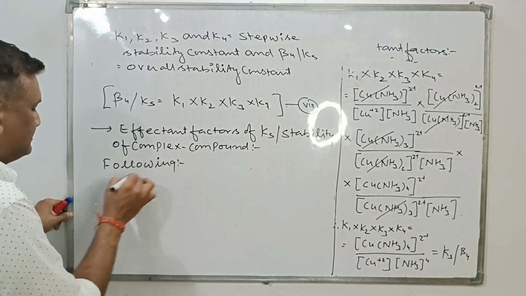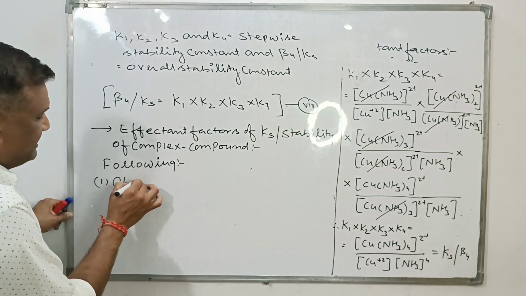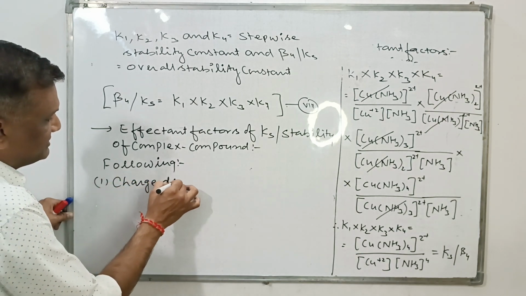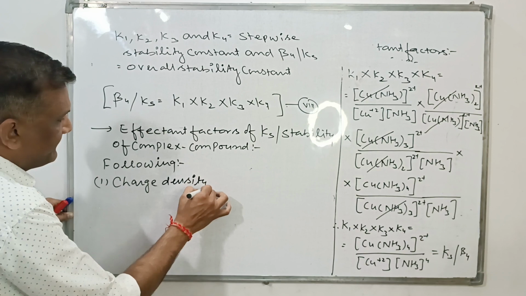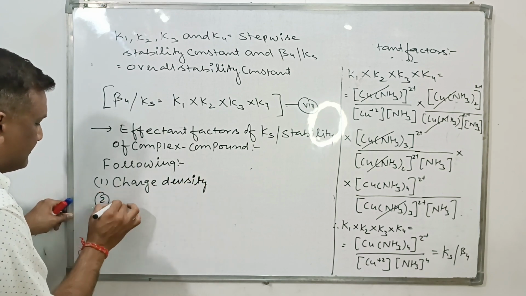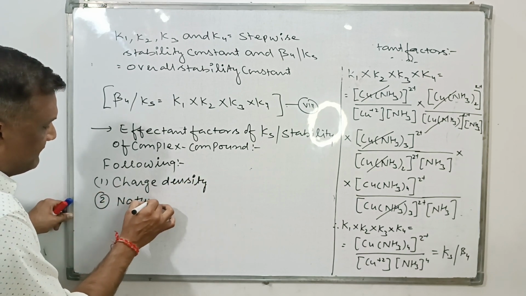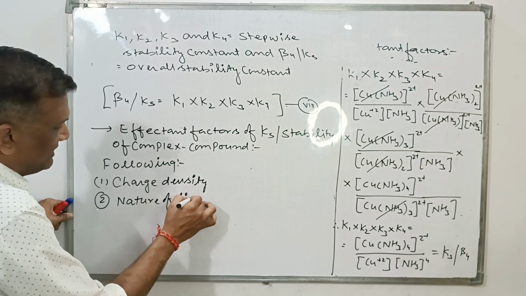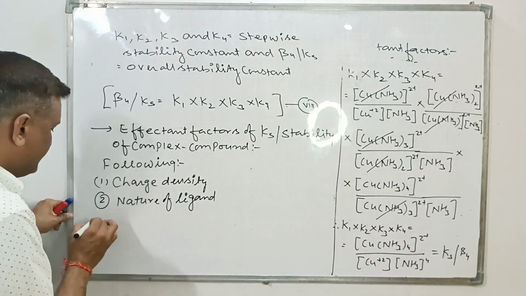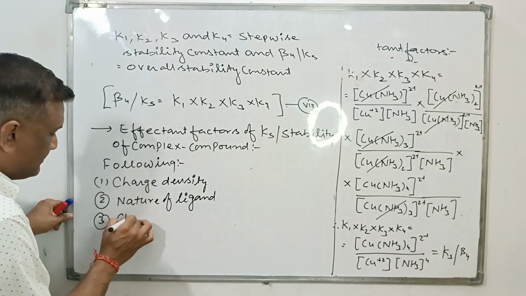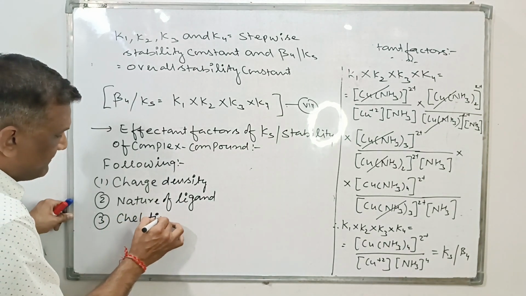First is your charge density. Second is your nature of ligand. Third is your chelation.